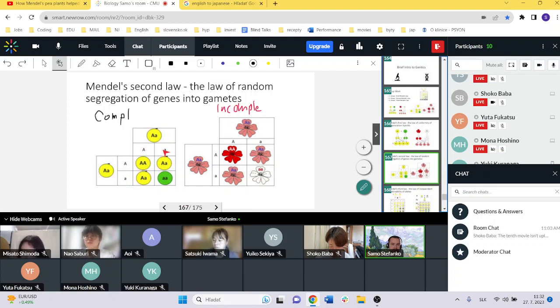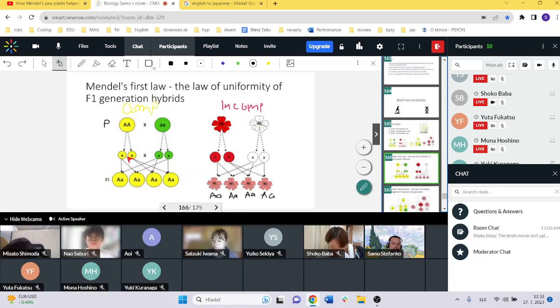In the previous law, when we crossed two homozygous, in the dominant homozygous we had only one type of allele, the dominant alleles, and in the recessive one there were only recessive alleles.